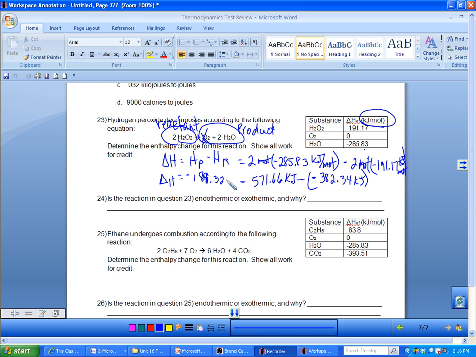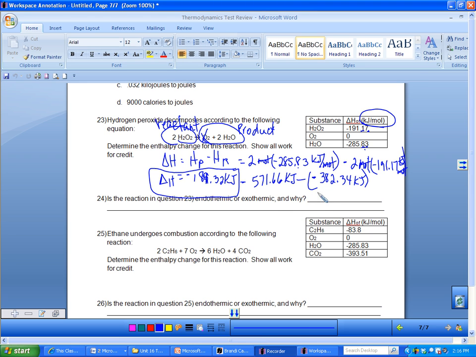Negative 189.32 kilojoules. And remember, when you add or subtract and you're looking at significant digits, you always go to the least amount of numbers you had beyond the decimal. There's 2 there and 2 there, so I want to make sure it's recorded to 2, and it is. Then they want to know, is this reaction endothermic or exothermic?